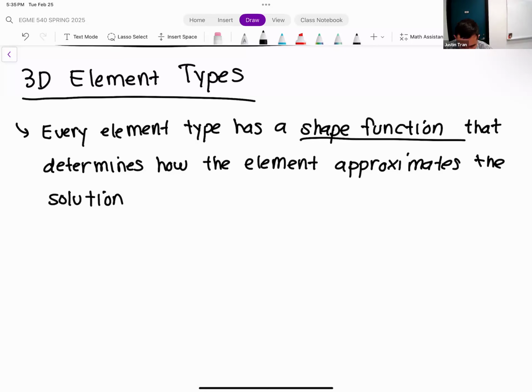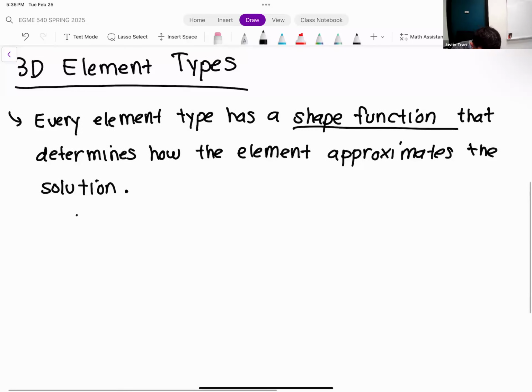Okay. And so certain things to look out for: first of all, the number of unique terms in the shape function is determined by the number of nodes in the element itself.